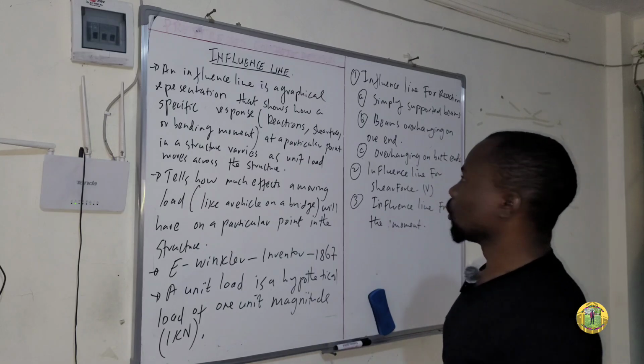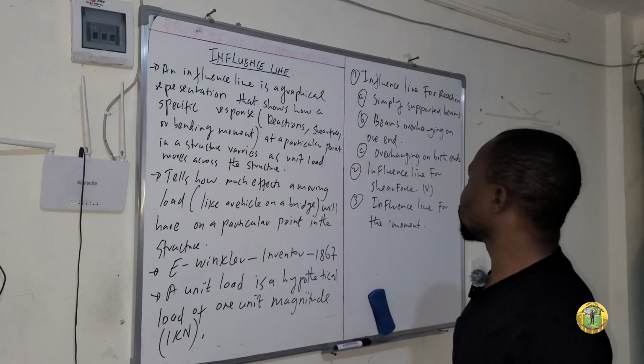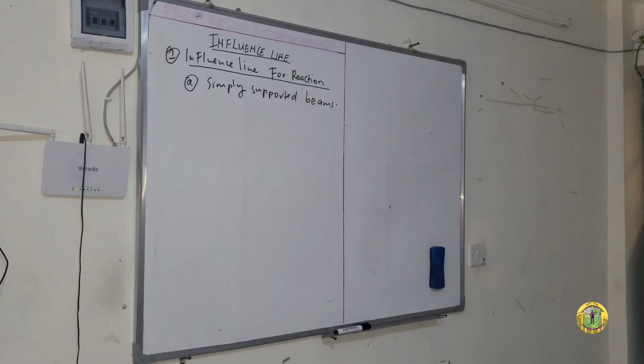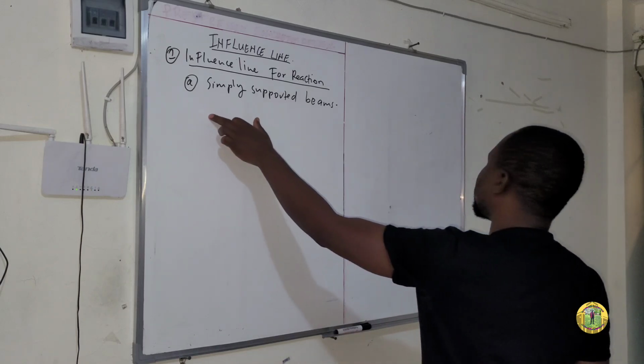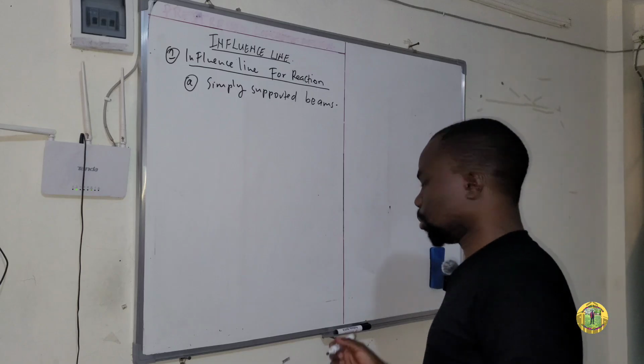Without wasting time, I want to begin with number 1, influence line for reaction, and we will begin with simply supported beams. So what is a simply supported beam?